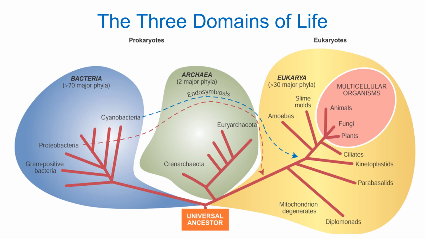It's the kernel at the middle of the cell. And EU, if you see that in a word, means true. True kernel, true nucleus. So eukaryotes have a nucleus. They have their DNA packaged into a nucleus. Pro means before. So the bacteria and the archaea appeared before the evolution of the nucleus.